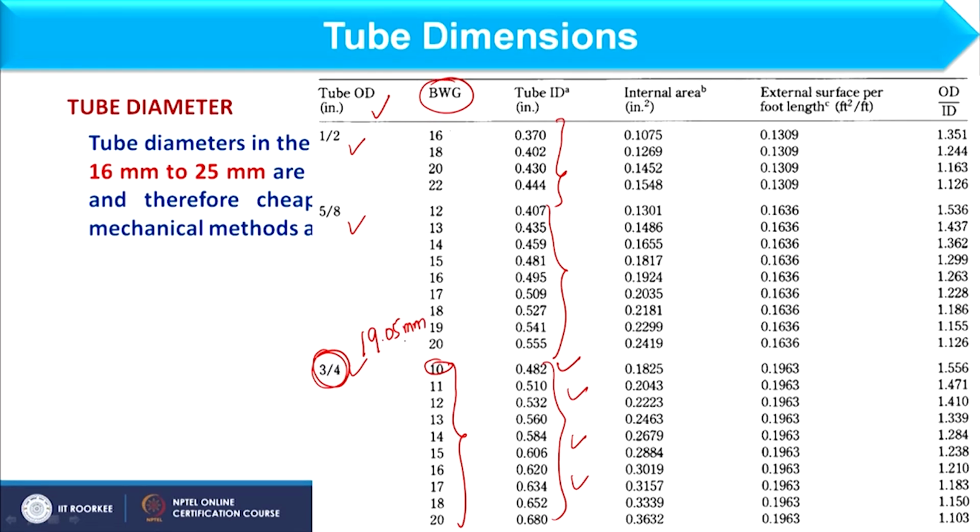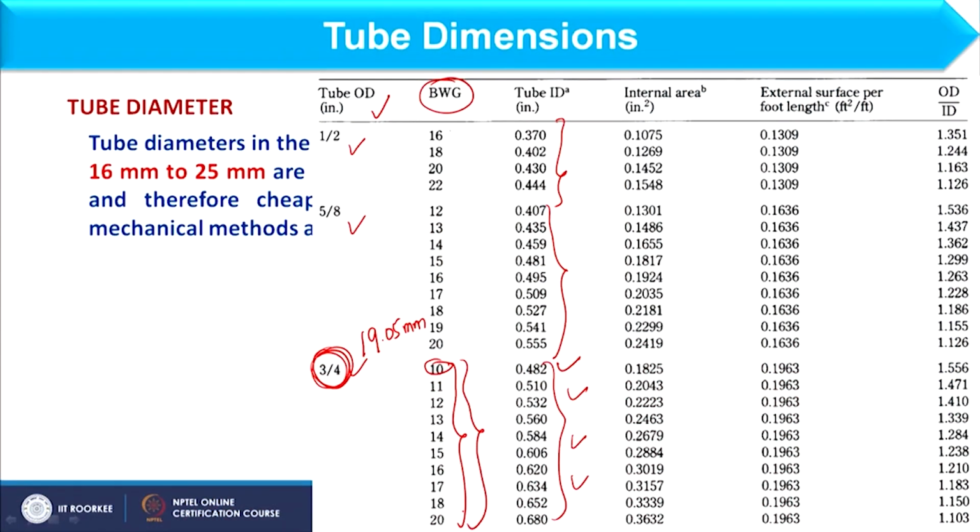So, here you can choose 3 by 4 inch OD of the tube as a starting guess, because this falls within the range. 5 by 8, if you convert, will not fall within the range. However, for 3 by 4 and beyond, if the value falls within 16 to 25 mm, you can definitely choose it, but a better start is 3 by 4 inches.